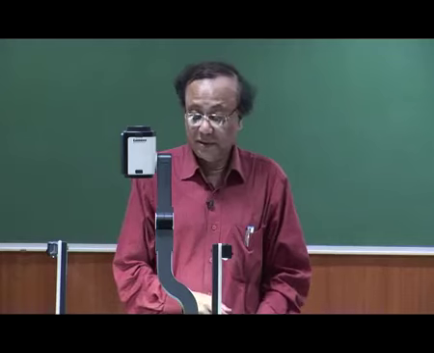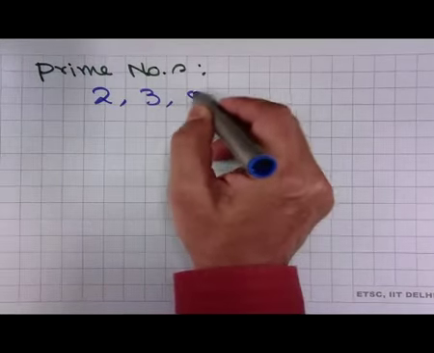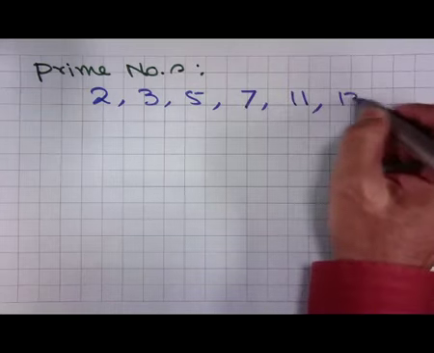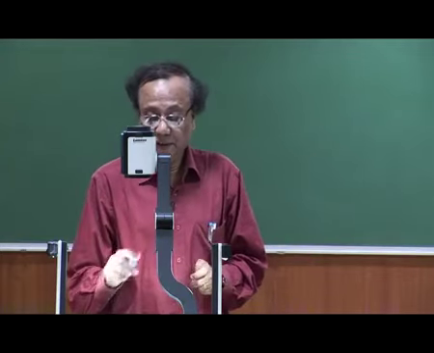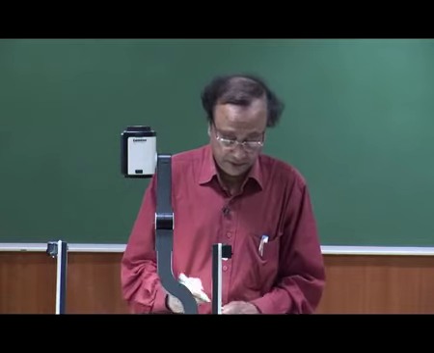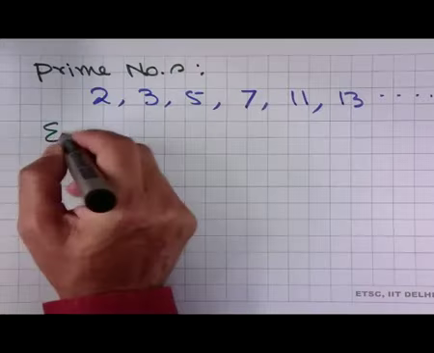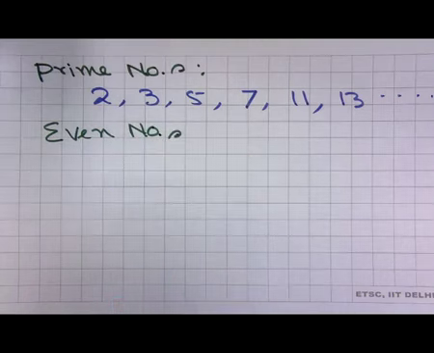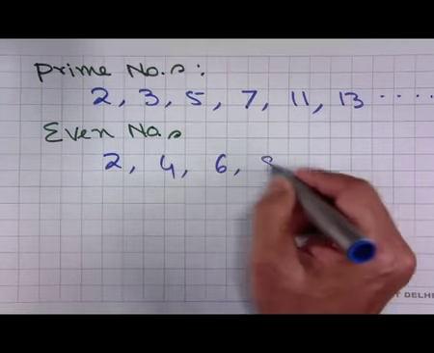What are the prime numbers? 2, 3, 5, 7, 11, 13. So, there is a specific sequence in which the prime numbers are occurring. Even numbers. If you look at them, they are 2, 4, 6, 8, 10.